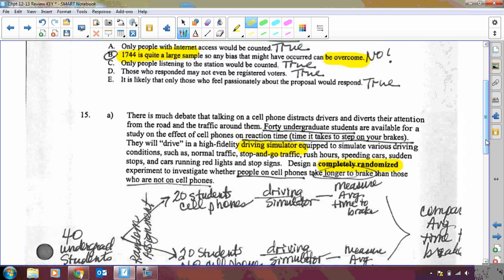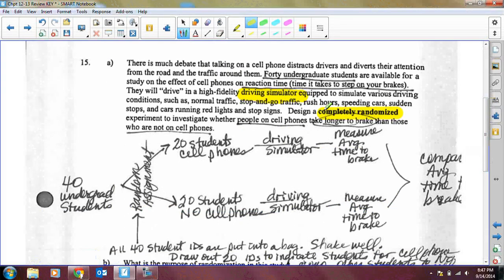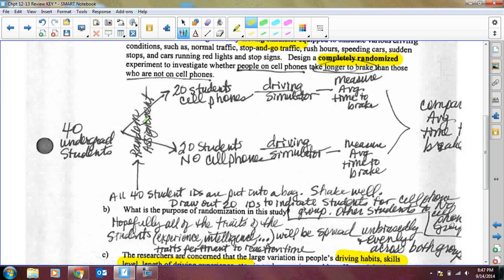All right, now the last one is one where you do show a design. It did say to make a completely randomized design. So that means you took the 40 undergrad students and you completely randomly assigned them to the treatment groups. No blocking at this time. So I did the random assignment.